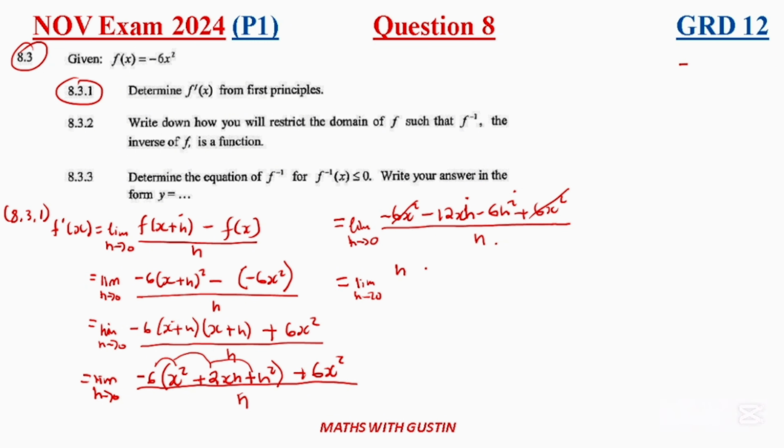So we remove h as a common factor, and we're left with -12x and therefore -6h, close bracket, all over h. The h and h cancel out. As h approaches 0, this is going to be -12x, and this will be 0. So the answer is going to be -12x, and this will be our answer.